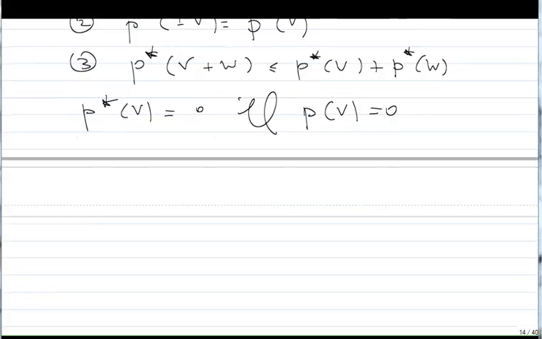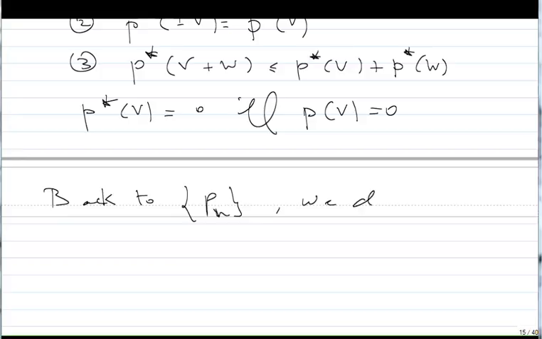Now back to our sequence, back to Pn. What we will do is introduce, let's call it P star.